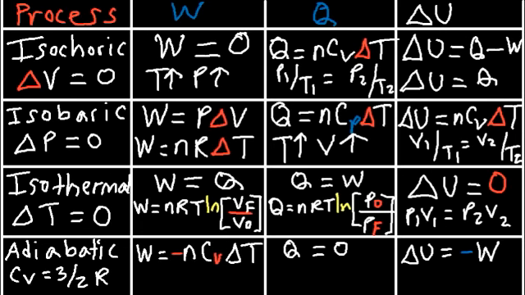For a diatomic gas, we'll talk about what to do in those circumstances later. Make sure you know that Cp is equal to 5 over 2 times R for a monoatomic ideal gas. So those are the main equations that you need to know for now. There are more equations, but we'll go over that throughout the video.